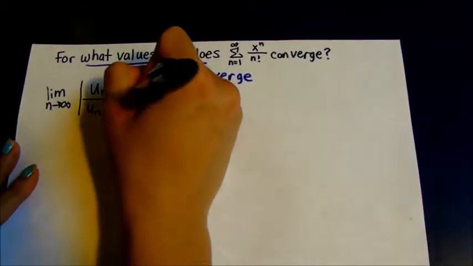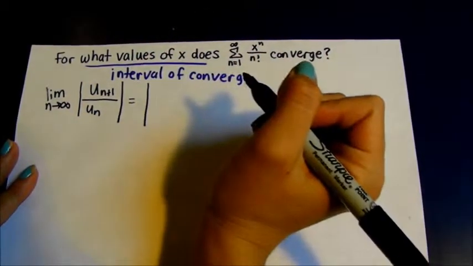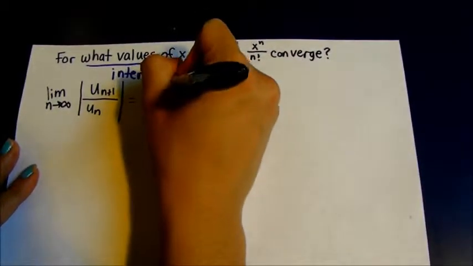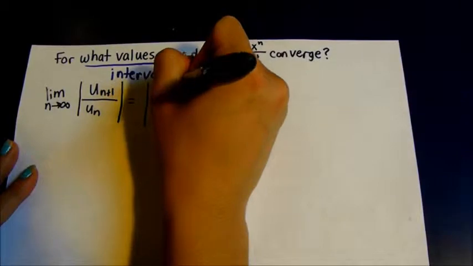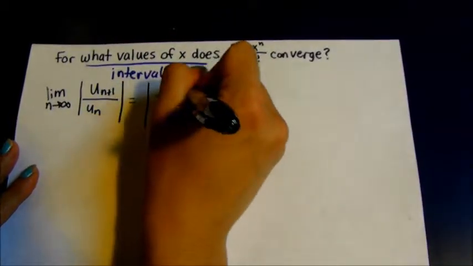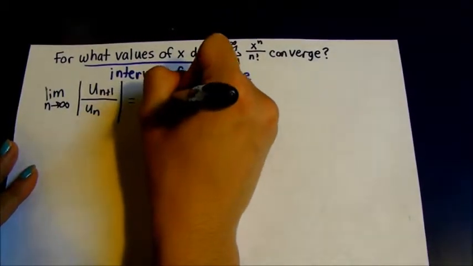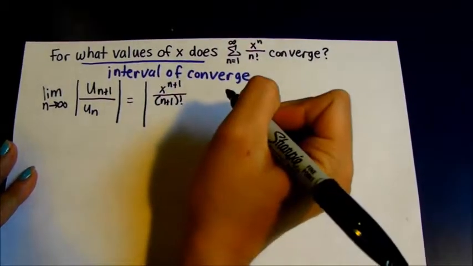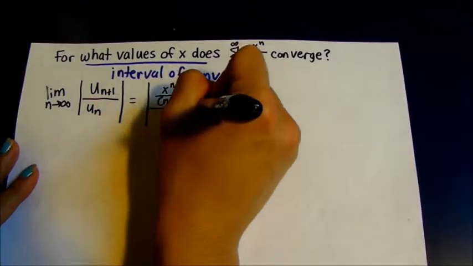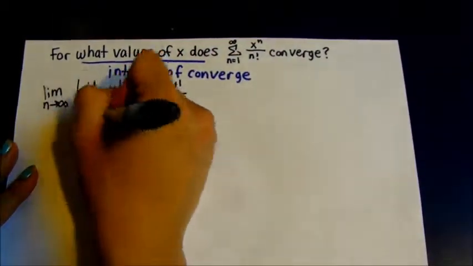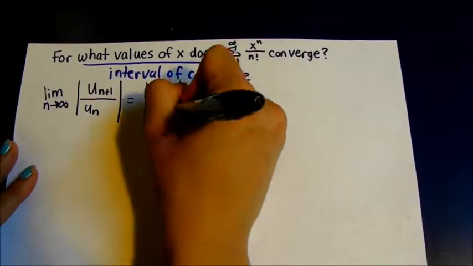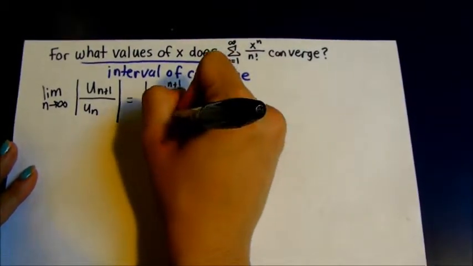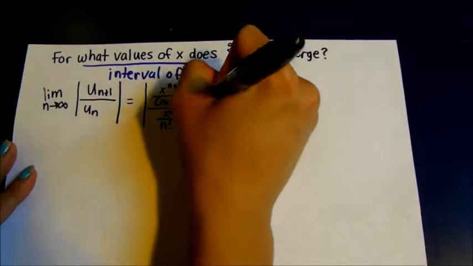So now when I plug in u to the n plus 1, I'm going to get x raised to the n plus 1 all over n plus 1 factorial, and that will be over the original power series, x to the n over n factorial.